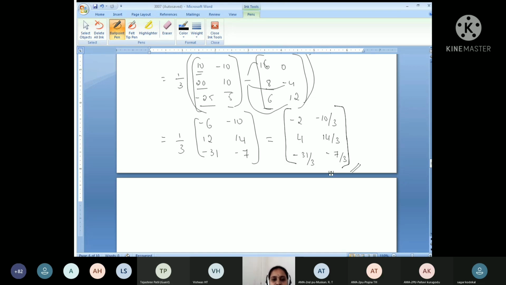This is the answer. So what you got? You got a matrix X. Even in the answer, the order of the matrix that has come is 3 by 2. So minus 2, minus 10 by 3, 4, 14 by 3, minus 31 by 3, minus 7 by 3. This is how you have to find out the matrix.